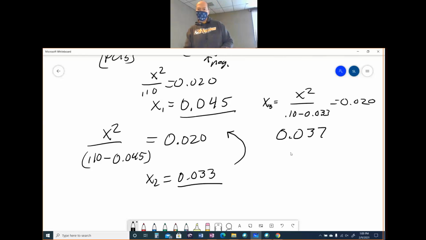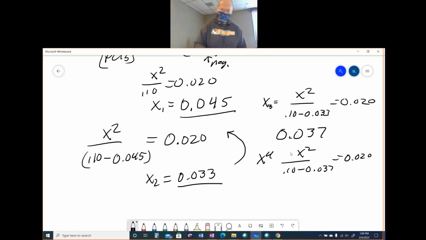All right, so now we know that as high as it can get is 0.037. So for X4, we have X squared over 0.10 minus 0.037 is equal to 0.020. I'm not clearing out my calculator. I'm leaving the whole number there. And you get 0.036.